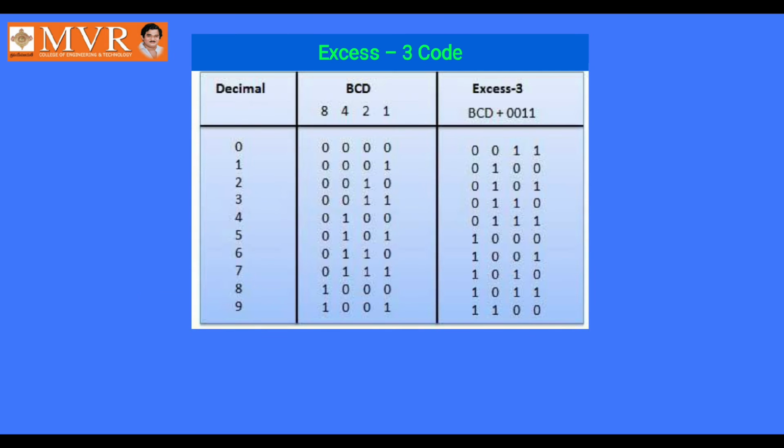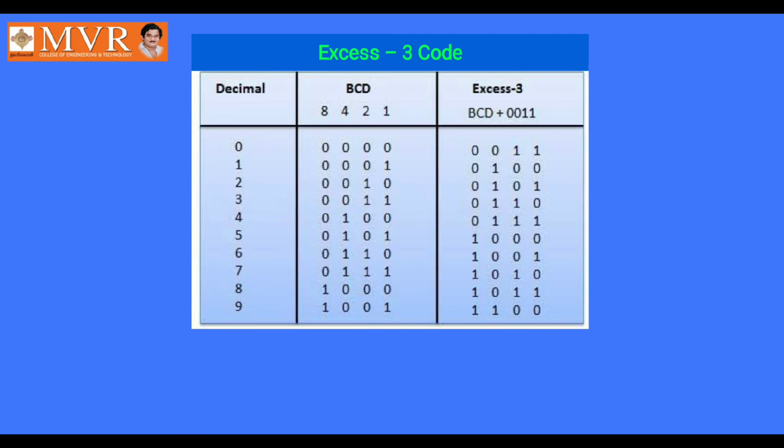In the table given here, you can see XS3 codes for decimals 0 to 9. Decimal 0 to 9 is converted into binary coded decimal, starting from 0, 0, 0, 0 onwards. The ninth value is 1, 0, 0, 1. So in XS3, it is BCD plus 0, 1, 1, which stands for decimal 3.